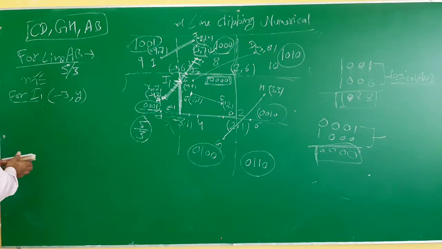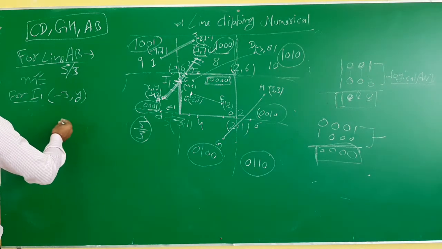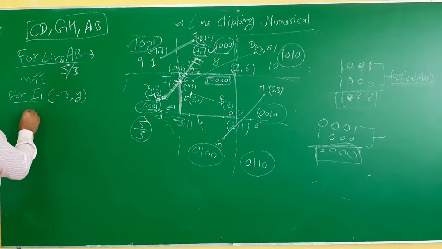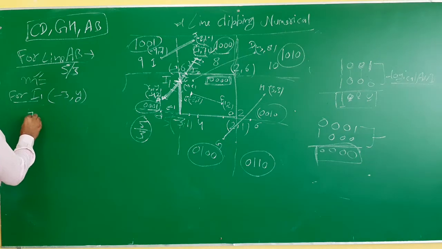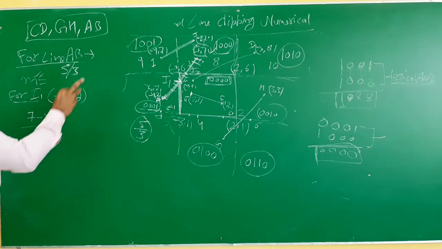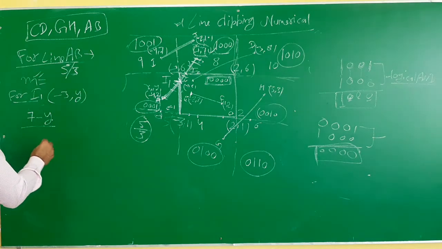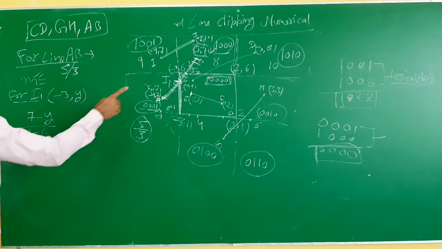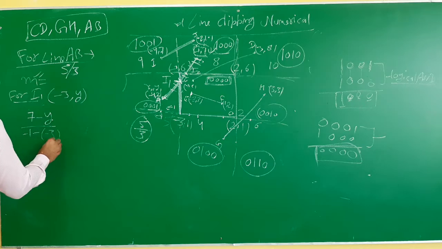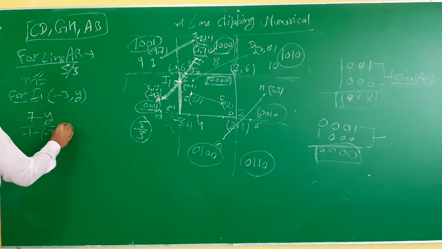Now we have x2, we have y2. m equals (7 minus y) upon (x2 minus x1), that is 1 minus minus 3. Clear?